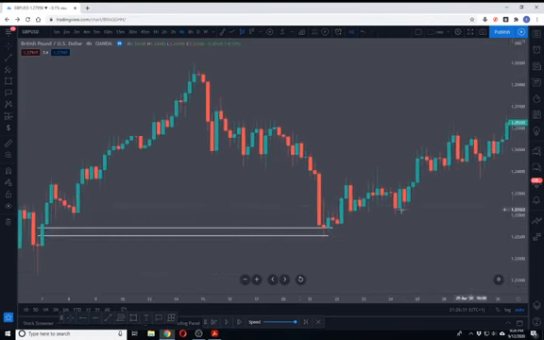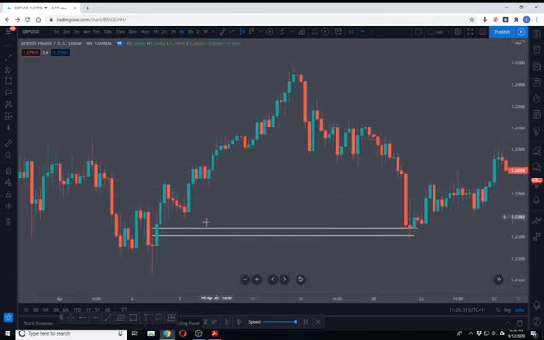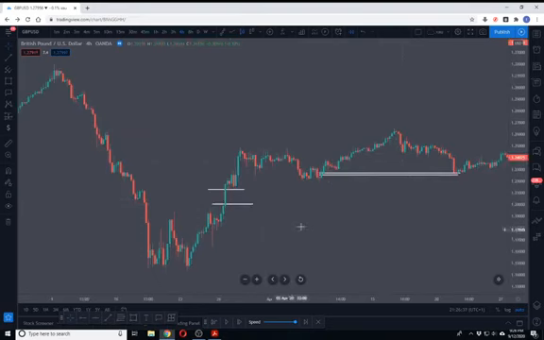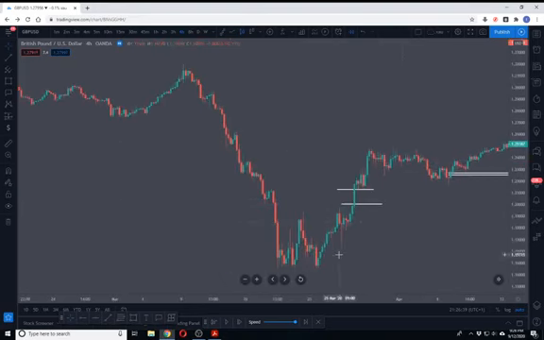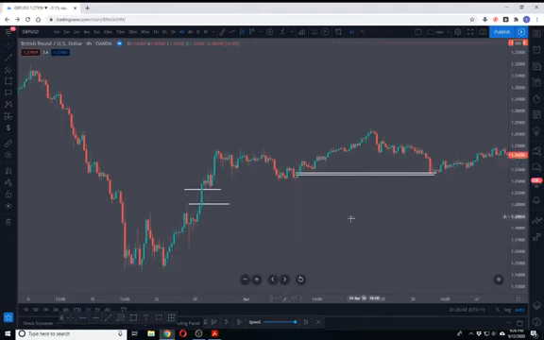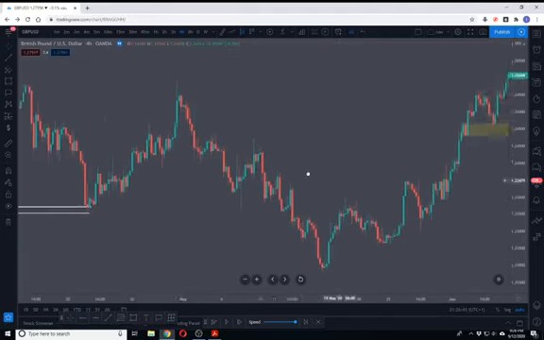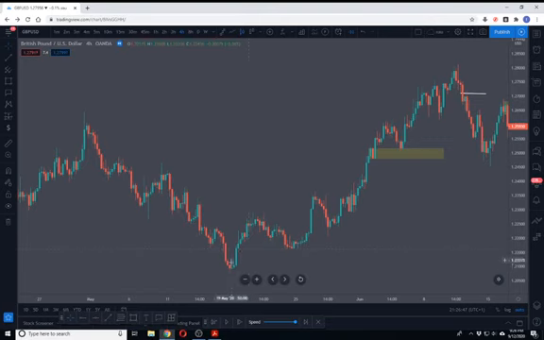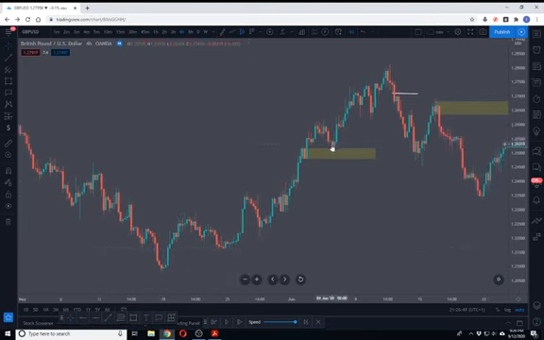Now for order blocks, what ICT calls order blocks are basically similar to supply and demand zones, which are the last buying before selling, or the last selling before buying would be your order block, or your supply or demand zone.